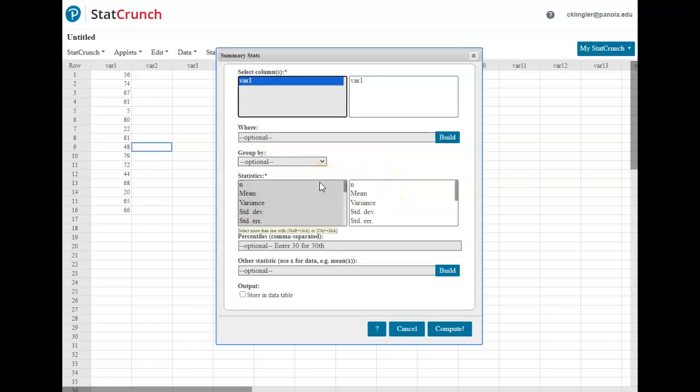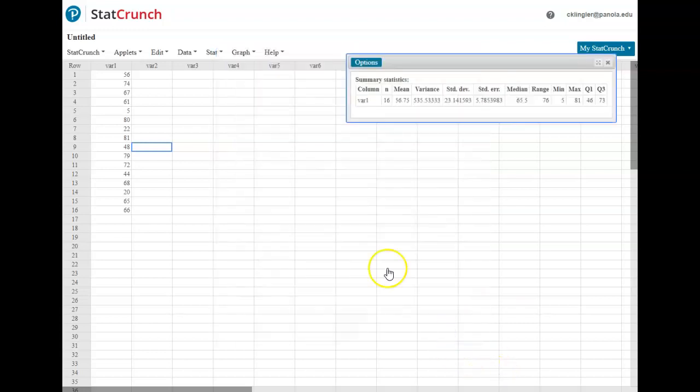It'll do even more, but the ones that are in the darker gray, it's going to automatically do. You can see they're already over on the right side. So you don't have to do anything else. Just select var1 and then compute, and you've got your summary stats, and our median is right there. So it has put them in order and found the middle number for you, the median.